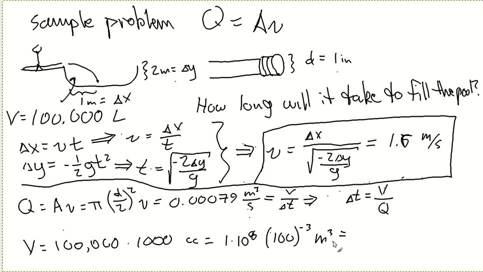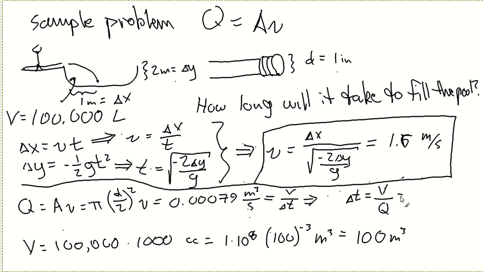So, 10 to the 8th times 10 to the minus 6. This gives 100 cubic meters. That sounds much more reasonable. 100 cubic meters. That sounds like a pool.